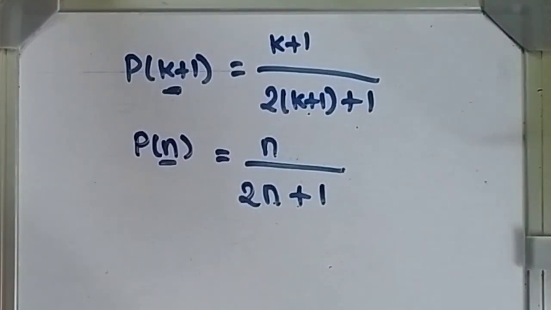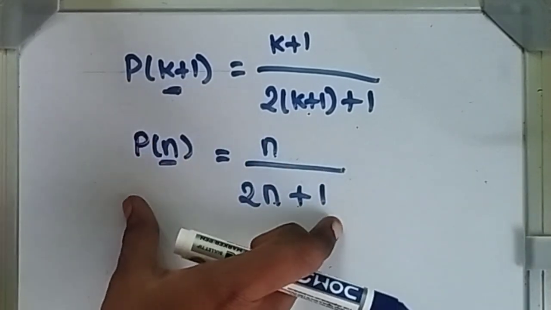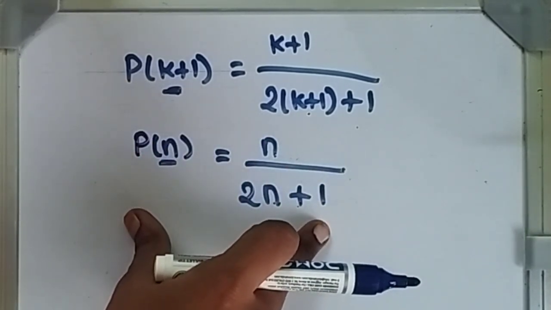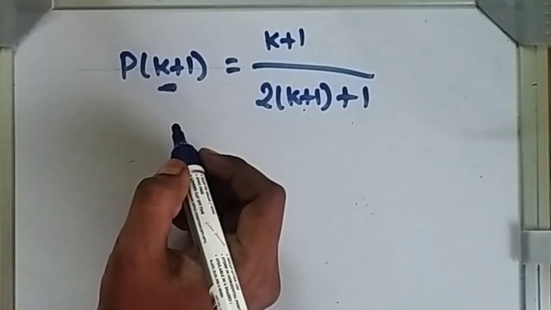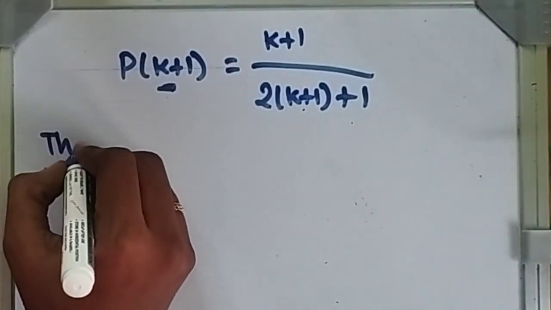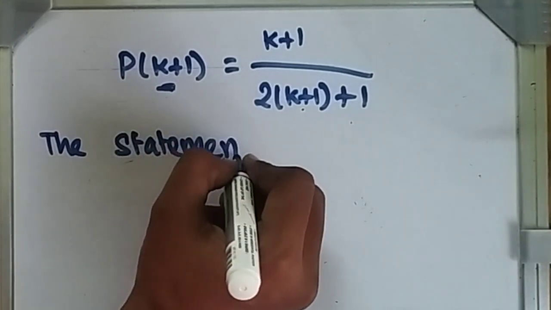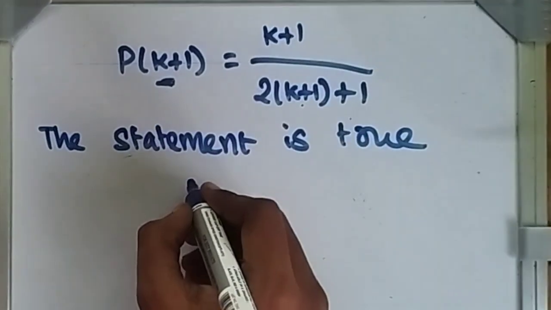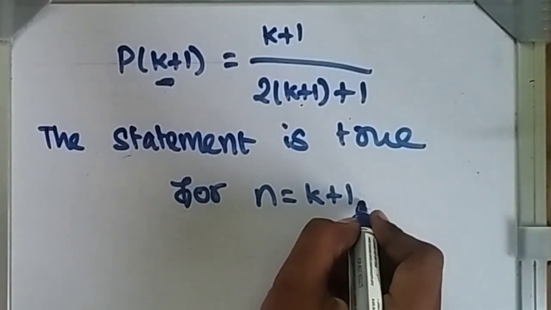So from this we can say this statement is true for n equals k plus 1. We can say that the statement is true for n equals k plus 1.